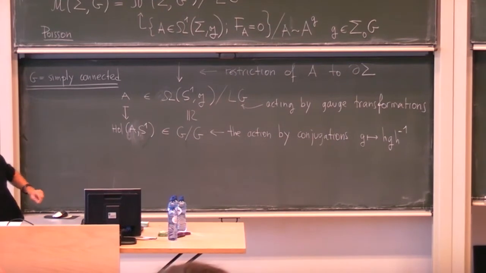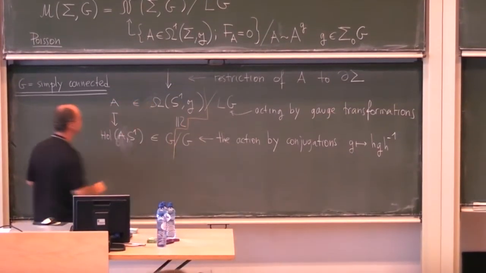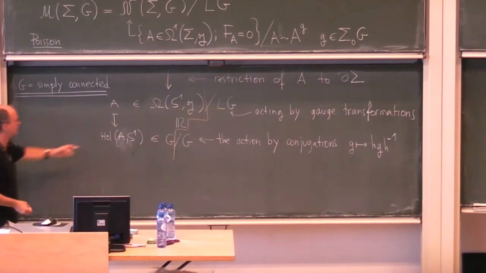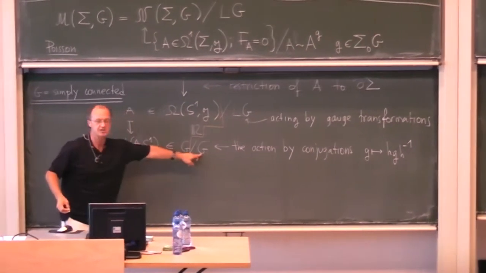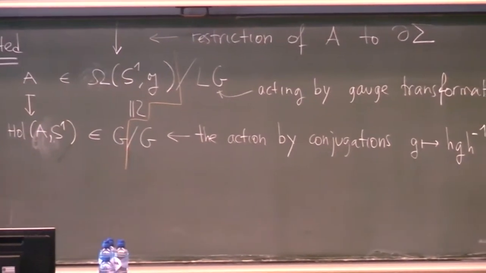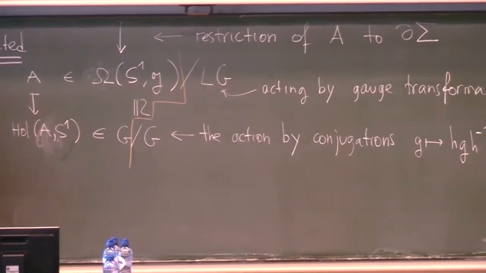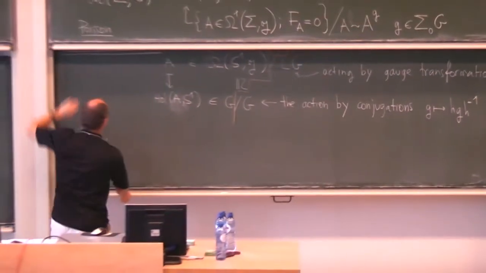Now, this is before the quotients are taken. Now, the choice of the base point is the action of conjugation, and what is important, maybe here I should write this formula.